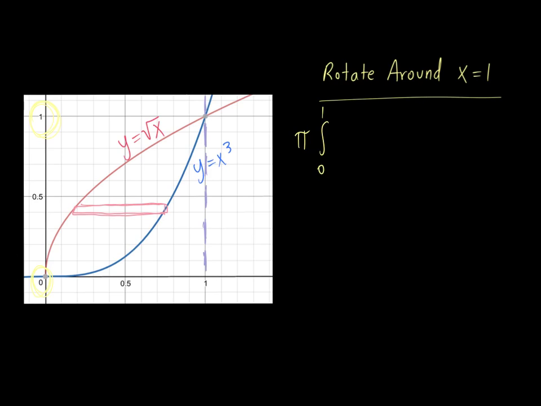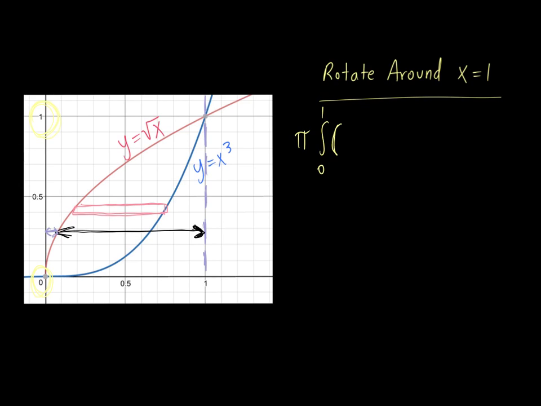Big radius and little radius. Let's do big radius in black. This distance right here is the big radius. It's the distance from the axis of revolution to the far edge of the shape. Okay, can you name that distance? That distance is 1 minus this distance right here, and that distance has two names.